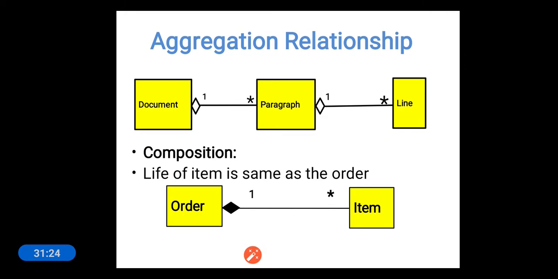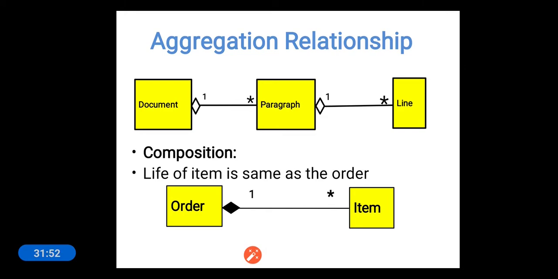But if the lifetime of the objects is the same and they have an aggregation relationship between them, then that kind of relationship is called a composite relation. This is the example for that composite relation. Here an order contains items. That means an order object is nothing but the composition of some items.